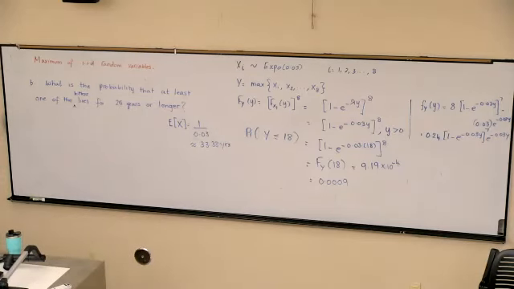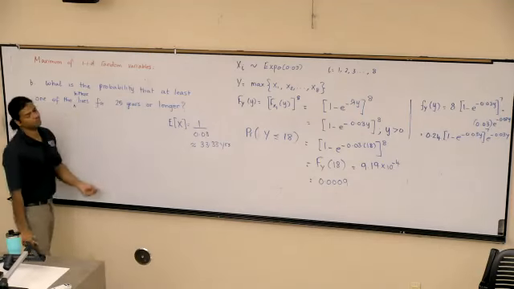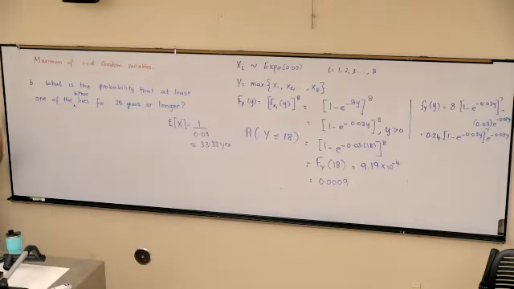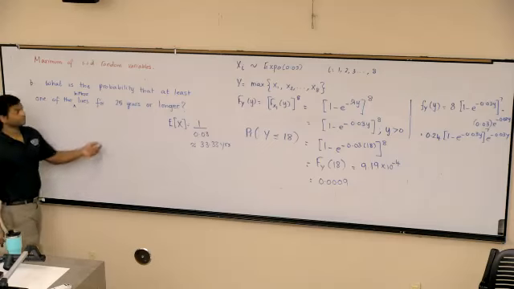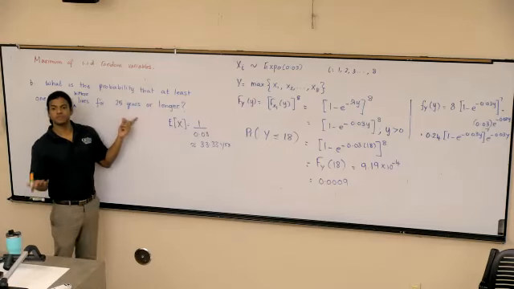If the average lifetime of the kittens is 33.33 years, then I'm asking, what is the probability at least one of them survives for 25 years or longer? It better be a high probability, right? It can't be a small value.